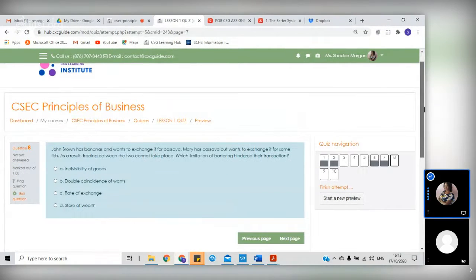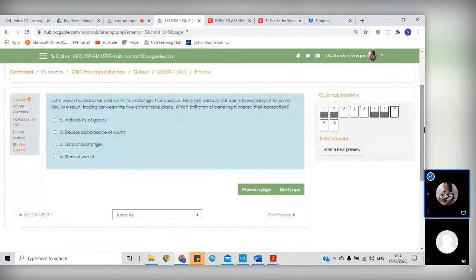So John Brown has bananas and wants to exchange it for cassava. Mary has cassava but wants to exchange it for some fish. As a result, trading between the two cannot take place. Which limitation of bartering hindered their transaction?